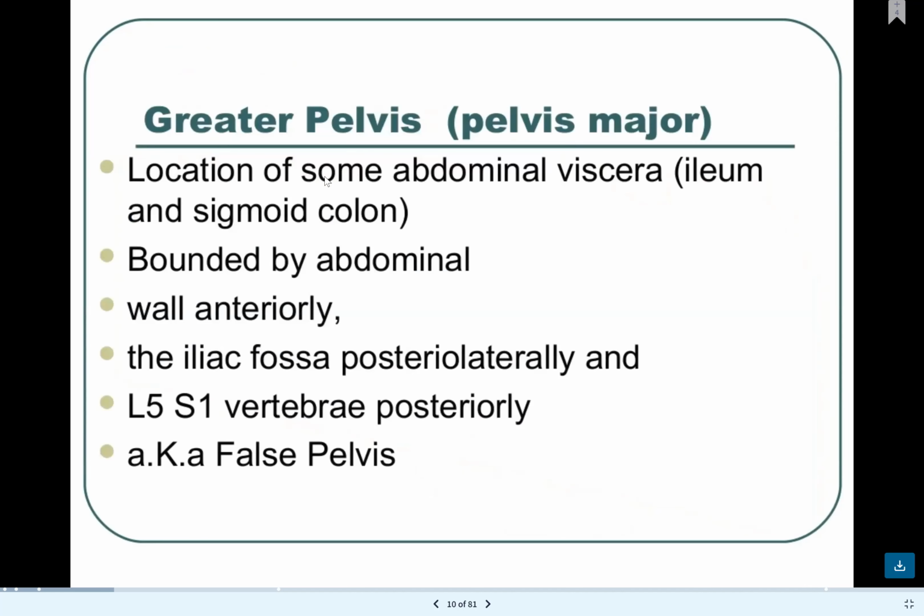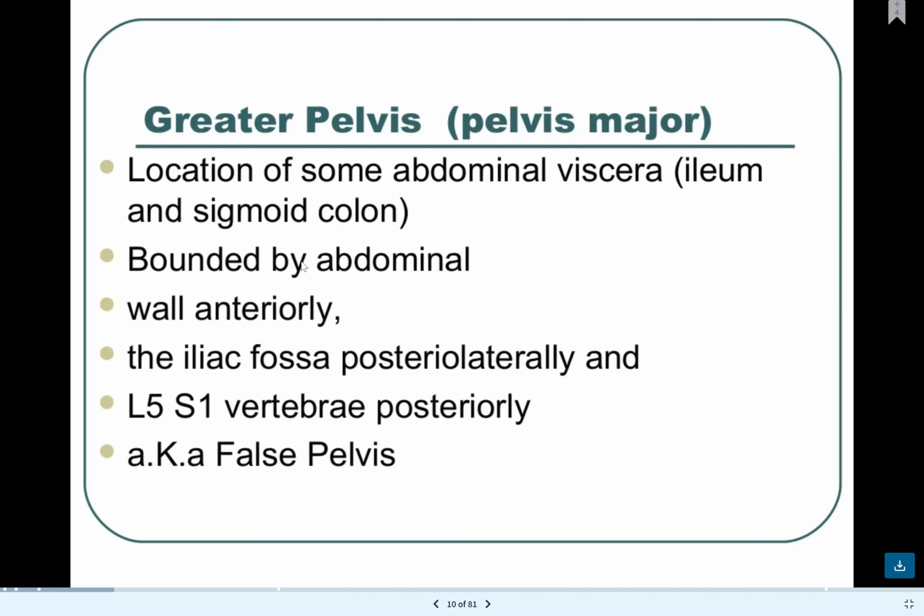Now, the pelvis is divisible into the pelvis major, or greater pelvis, and the minor. The greater pelvis is a location for some abdominal viscera, such as the ileum and the sigmoid colon. They can be found mainly in the greater pelvis. It is bounded anteriorly by the abdominal wall.